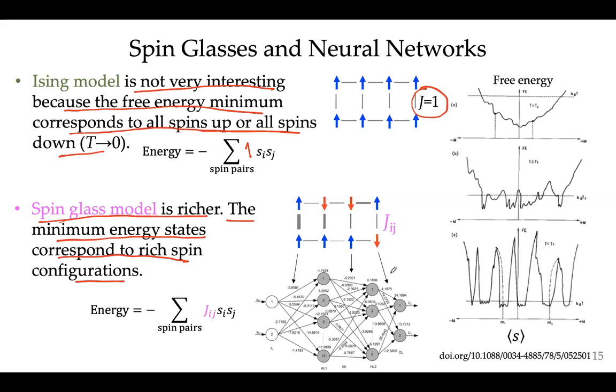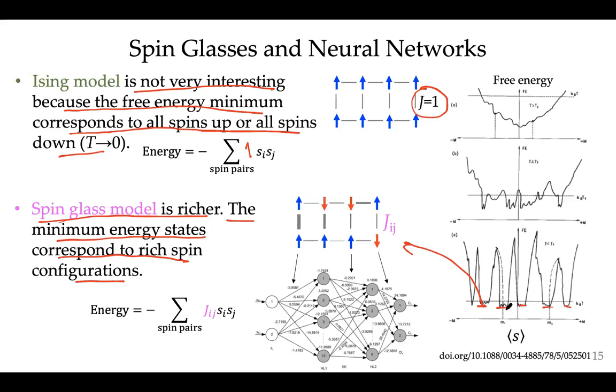And if you ask me, what is the free energy versus magnetization plot for spin glass models? So this graph is for spin glasses. Remember, for the Ising model, there were just two minima, one here and one here. But in spin glass models, there are actually multiple minima. Each of these corresponds to different spin configurations. For example, this may be like this.